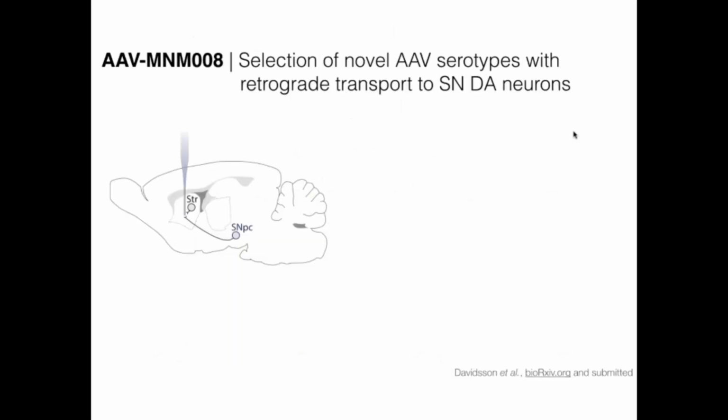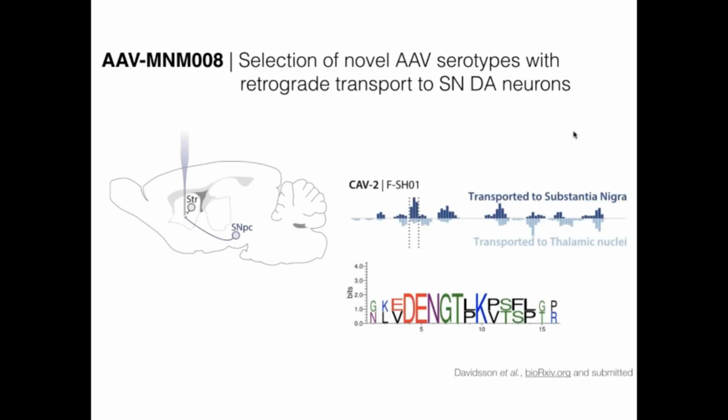One of our favorite vectors is the M008, and this one has a unique function: it can be retrogradely transported to dopaminergic neurons in the substantia nigra, and these cells are normally very difficult to transduce using a retrograde approach. What's interesting with this variant is that the peptide displayed on this capsid comes from the canine adenovirus, the CAV.